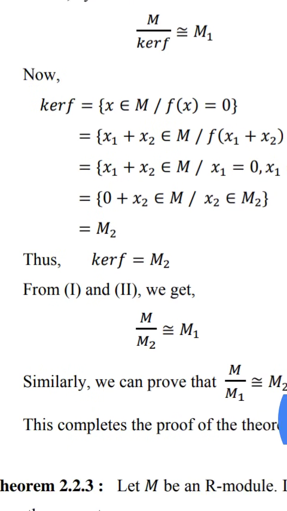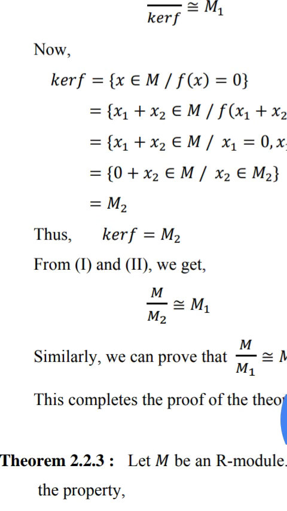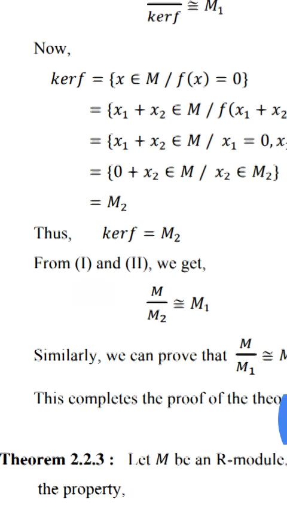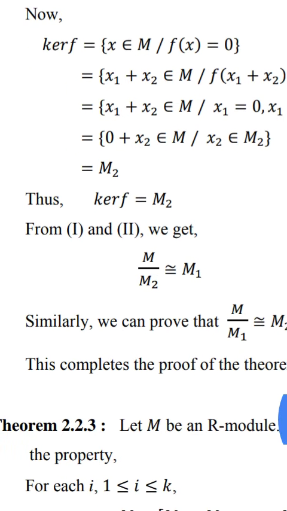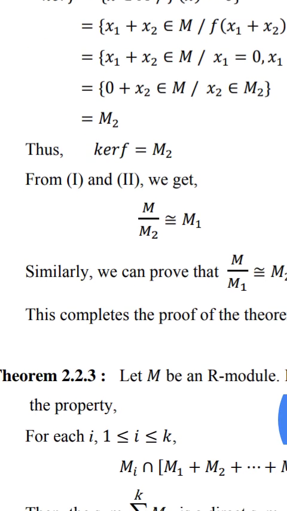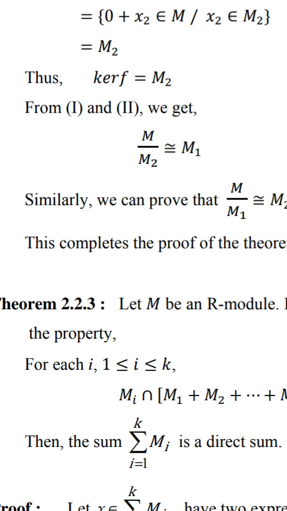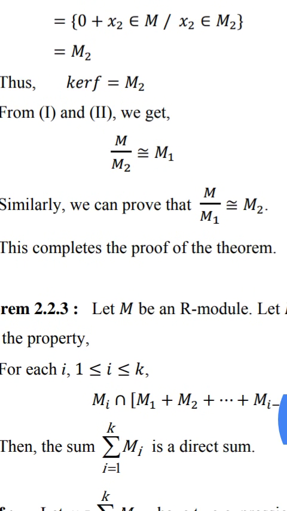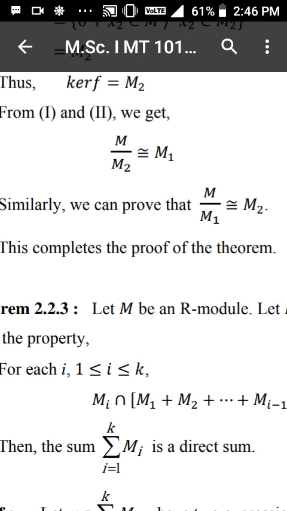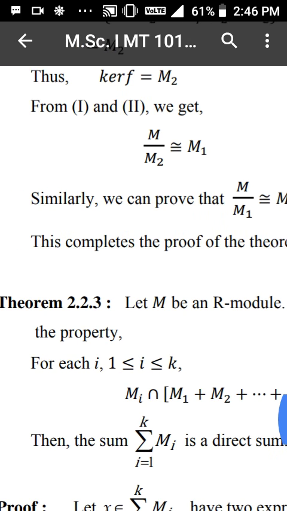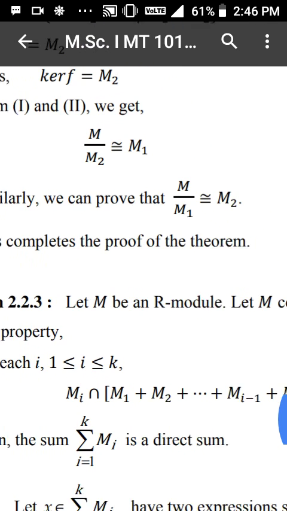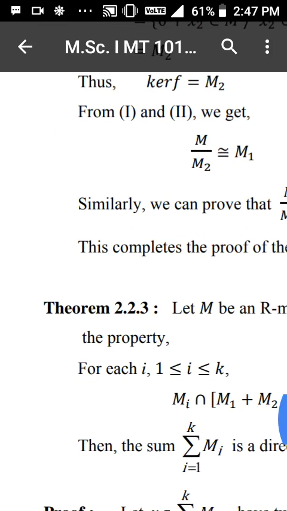So this is 0 plus x2, where x2 belongs to M2, which is equal to M2. Thus kernel f is equal to M2. From 1, we get M divided by M2 is isomorphic to M1. Similarly, we can prove that M divided by M1 is isomorphic to M2, and this completes the proof of the theorem.